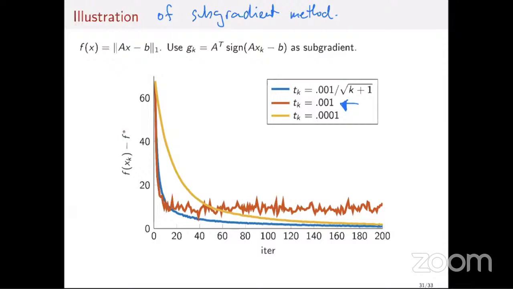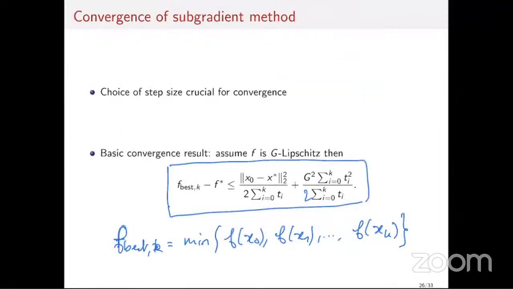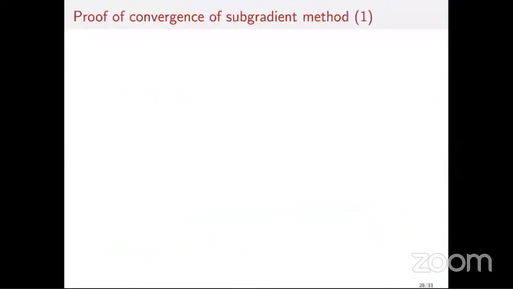Okay, so to conclude, let me just explain how one can actually prove this main result about the convergence of the subgradient method, and that will conclude our discussion of the subgradient method. The proof is actually not going to be very complicated.